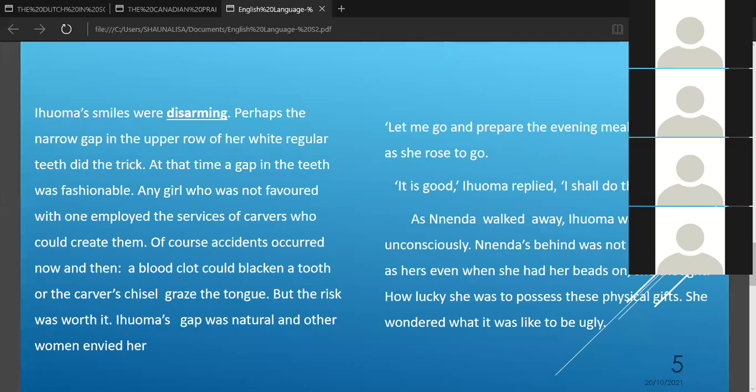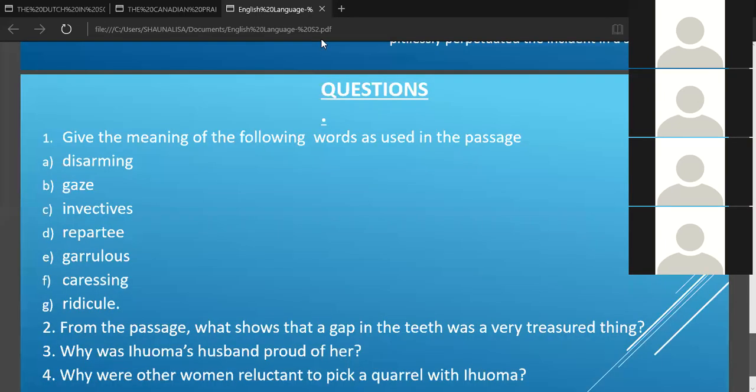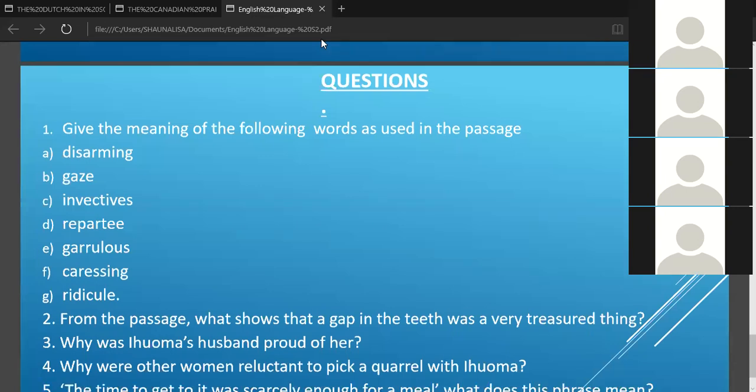Okay, thank you. Anyone else give an explanation for that? For me, I think a disarming smile means a smile that may be less angry or suspicious or less hostile, like it was charming or irresistible. Okay, thank you.